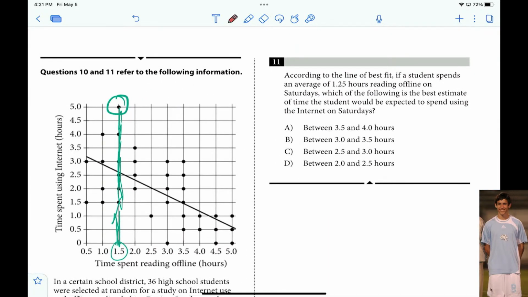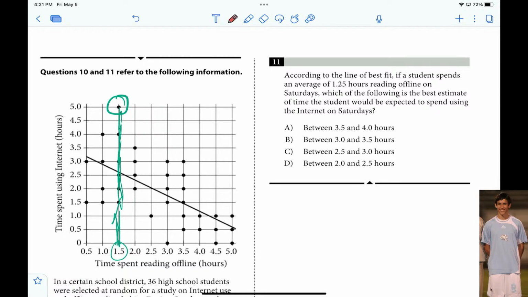It says, according to the line of best fit, if a student spends an average of 1.25 hours reading offline on Saturdays, which of the following is the best estimate of time the student would be expected to spend using the internet on Saturdays? So we're talking about somebody who spent 1.25 hours reading offline.